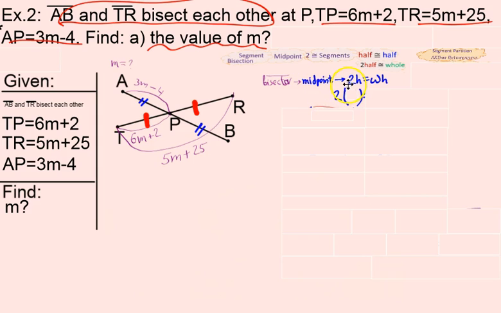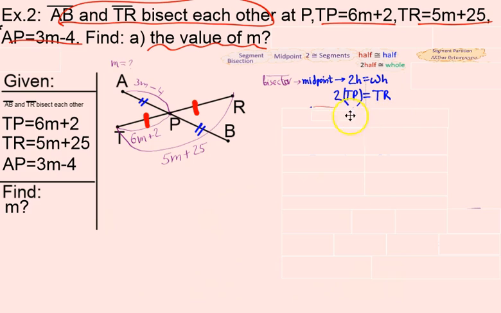I'll begin for you. 2 times something equals, so what goes right here? It has to be a half that is given. So it would be my TP. And the right side, very careful. TR is the whole, so that's what goes in there.